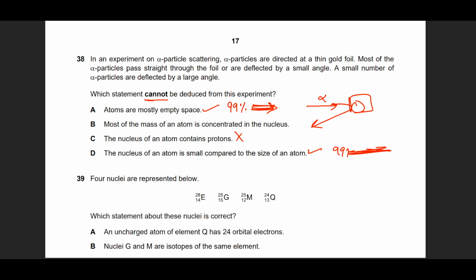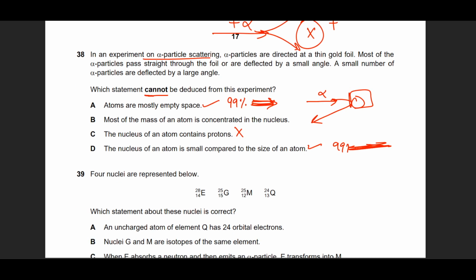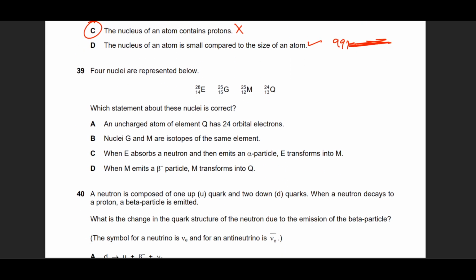Now, the nucleus containing protons, we didn't know that because the nucleus appeared to be positively charged from the outside, because alpha was approaching it and changing its direction, because alpha was also positive. We did not know what was inside it at that time when we conducted the experiment. It was later found out by hadron colliders that the nucleus has protons and neutrons, right? So this is what we did not know at that point.